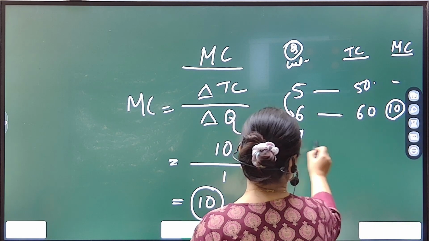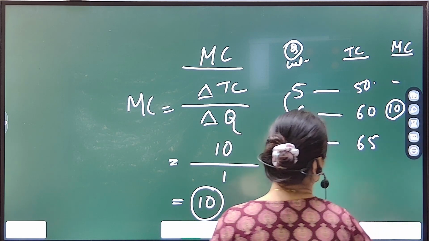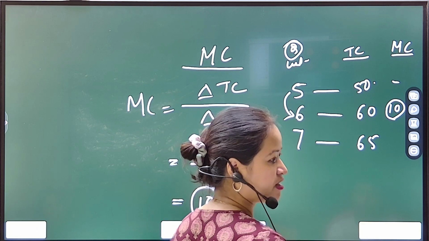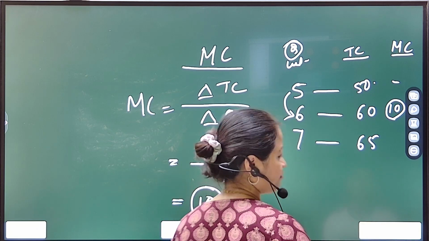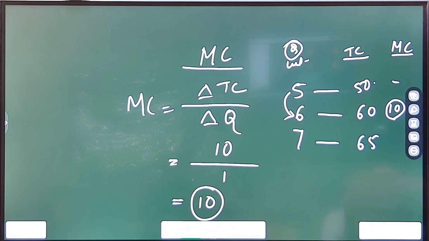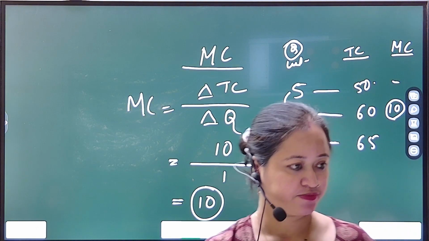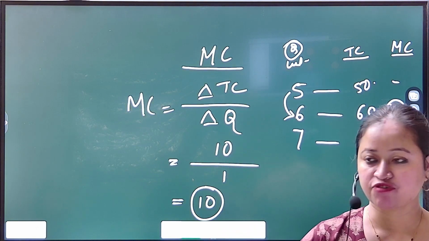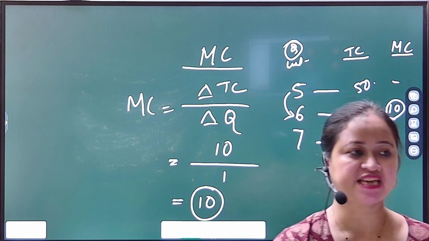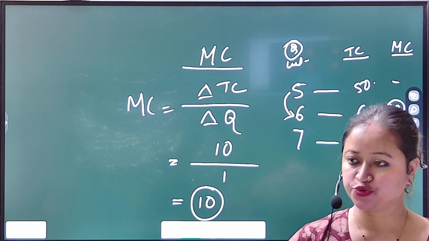Suppose here this is 7 and this is 65. Then MC will be 5. Okay? So MC, marginal cost, is the cost for producing an additional unit, right?